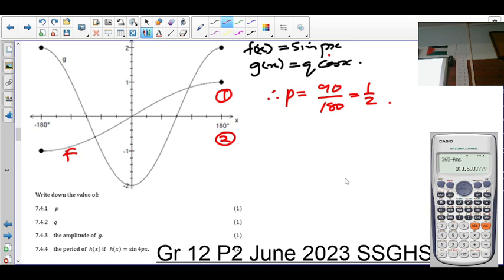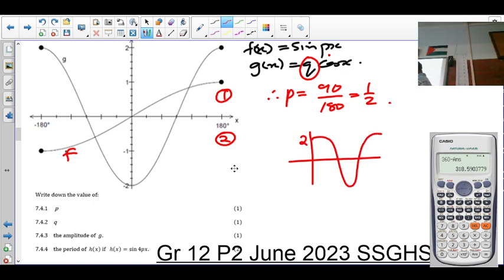Let's look at number 2. The Q value. Now the Q is to do with the amplitude of the graph. From the neutral to the maximum is your amplitude. So that's your neutral here. Your maximum is 2. What is that distance? 2. So what's the value of Q? 2. Is that an inverted graph? Is the graph first going down then up? Yes. Can you see that, people? Because if I draw the normal cos graph, it starts at its maximum and goes to the minimum.